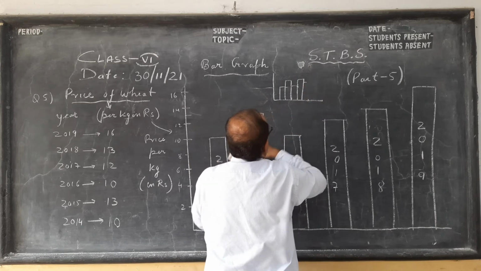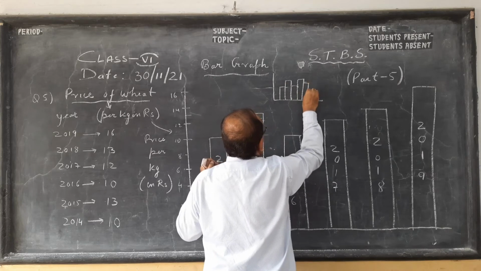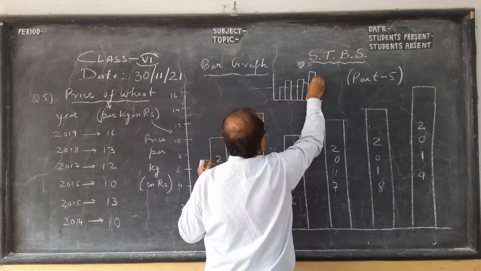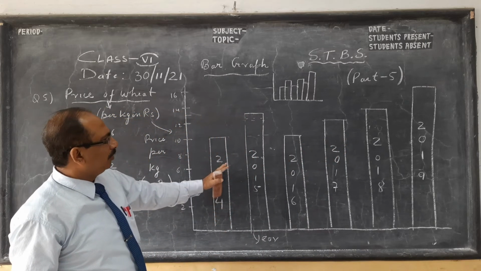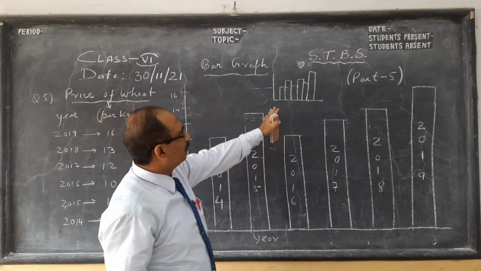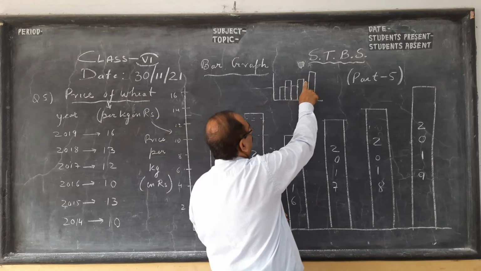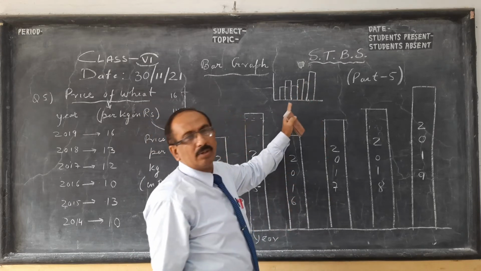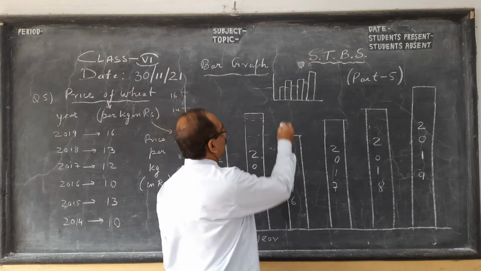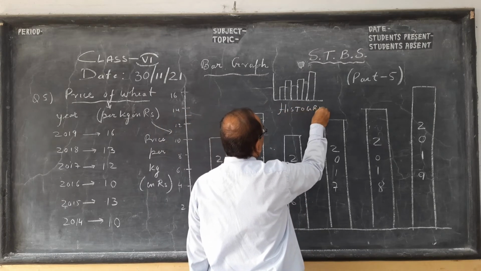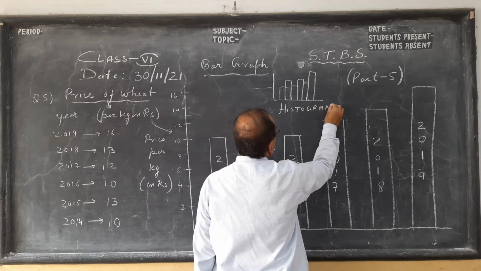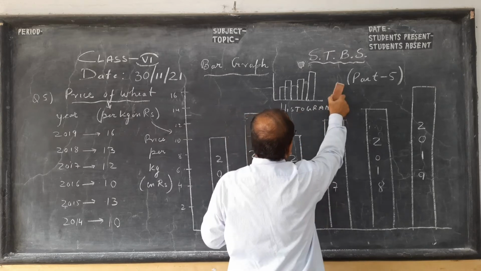Such a bar graph is called a histogram. I have tried to draw 2 equal, then 2 equal there, 1 equal, very similar, not exactly, just to show you. When bar graphs are joined together, children, this is called a histogram, which you will see in class 8 onward.